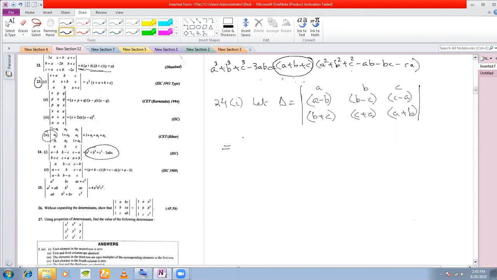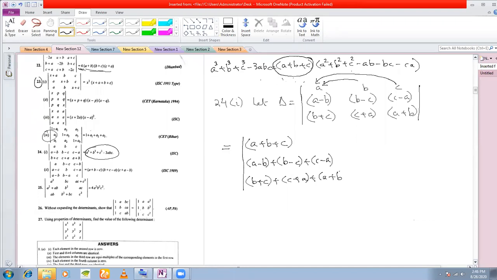So what I do is I add the sum of the second and third columns to the first column. So I get a plus b plus c on top. Here I will get a minus b plus b minus c plus c minus a, and here b plus c plus c plus a plus a plus b.